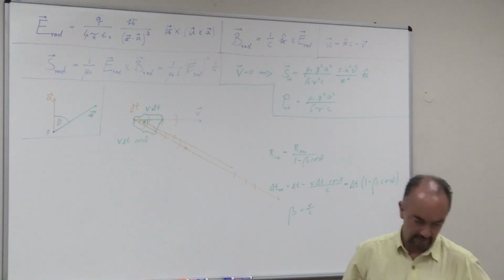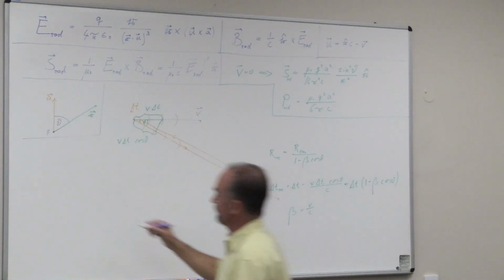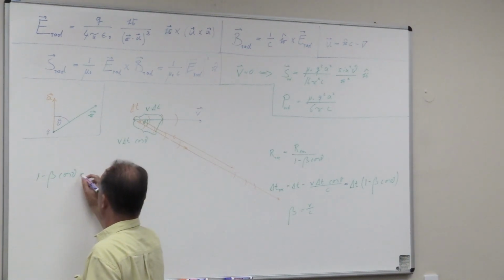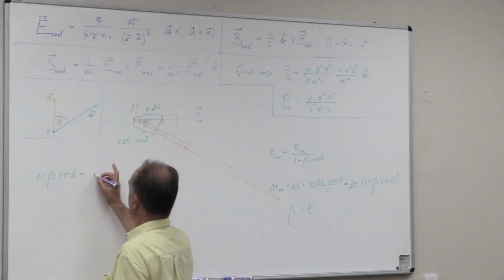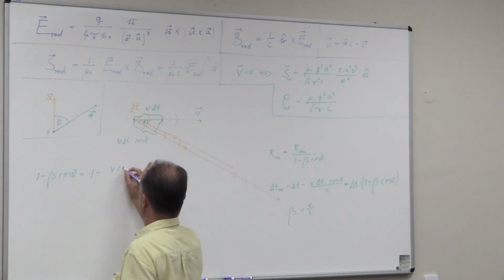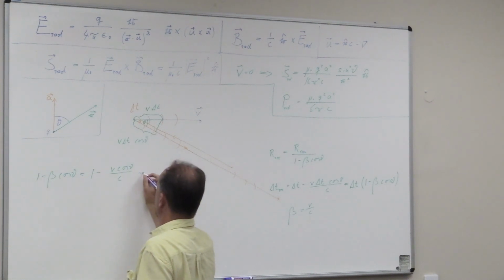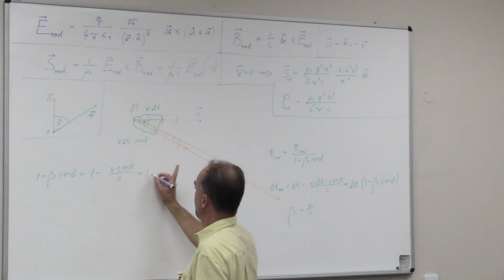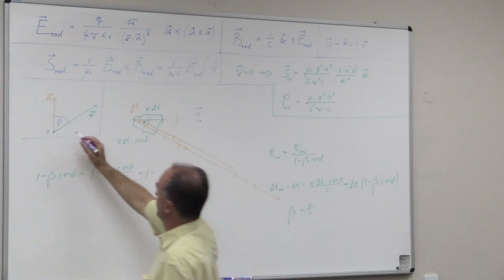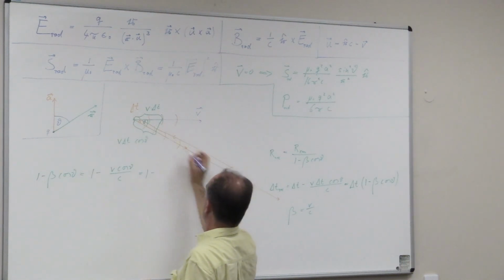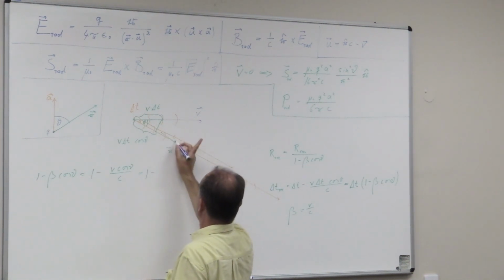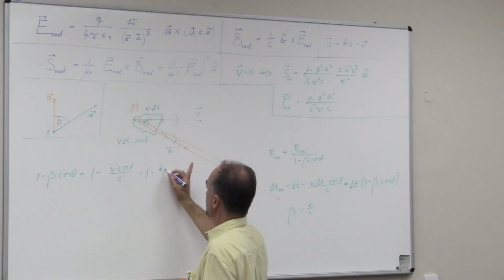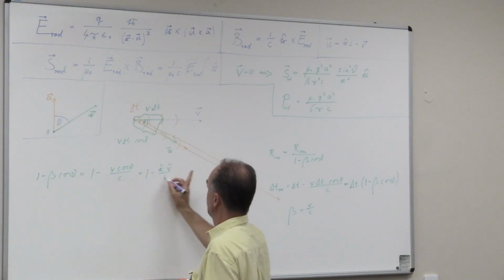We can write this as 1 minus v cosine theta over c. Now this cosine theta is with respect to our direction, this direction here, so this is 1 minus our unit vector dotted with v, over c.